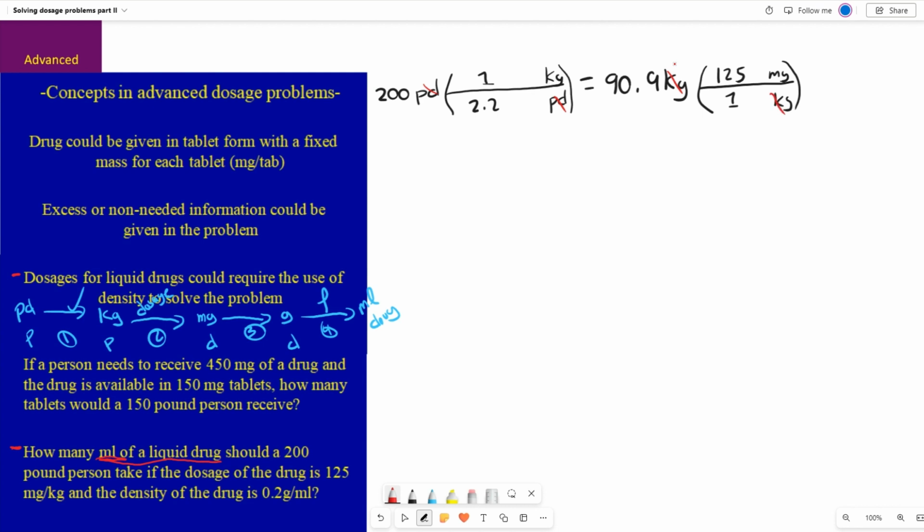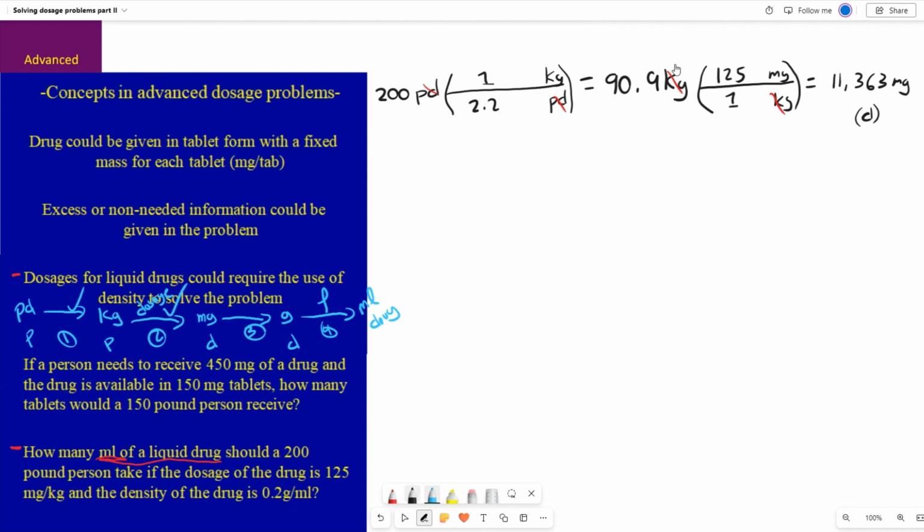Kilograms of person cancels out with kilograms of person. If we take 90.9 times 125 divided by 1, gives us 11,363 milligrams. And that is of drug. Now, that was the second step.